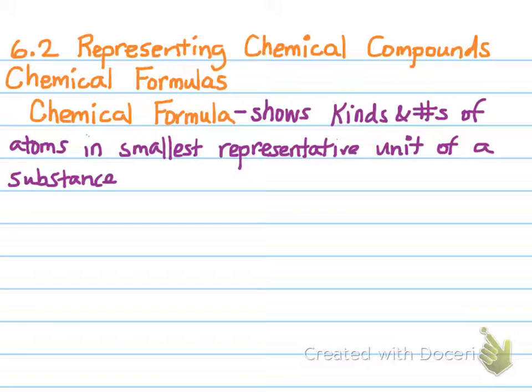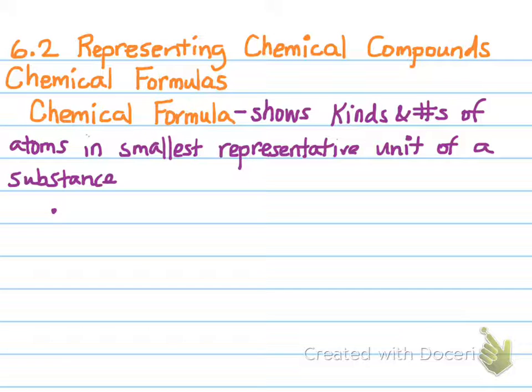One of the things about a chemical formula is this idea that it is a generic term. I can refer to the formula of any kind of compound as a chemical formula.